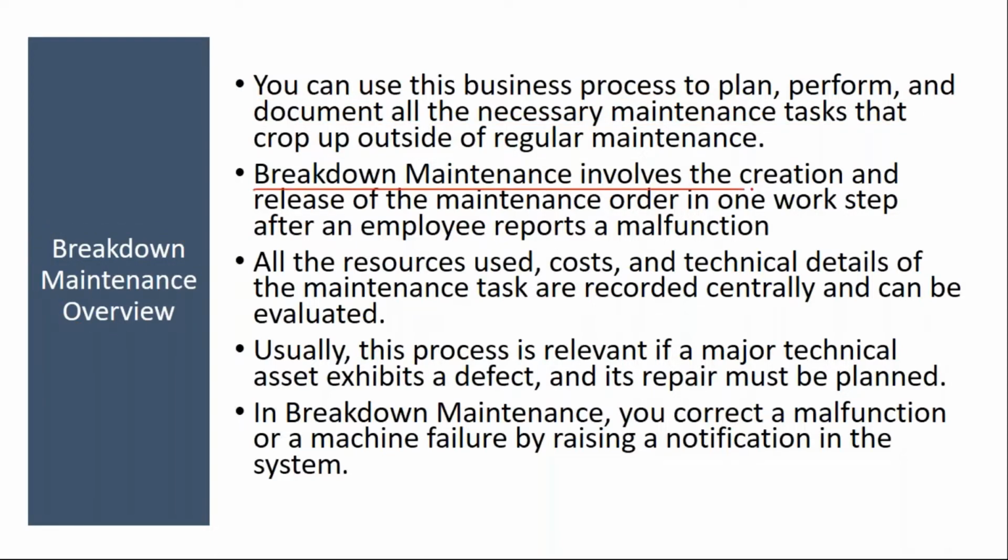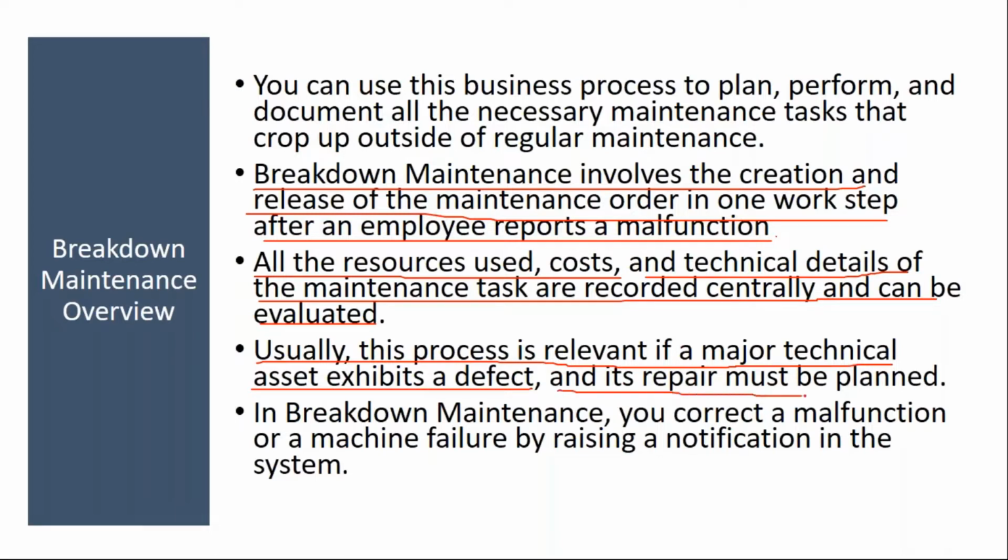Breakdown maintenance involves creation and release of the maintenance order in one work step after an employee reports a malfunction. Malfunction is nothing but breakdown. All the resources used, costs, and technical details of the maintenance task are recorded centrally and can be evaluated. This I will show in the system. Usually this process is relevant if a major technical asset exhibits a defect and its repair must be planned.